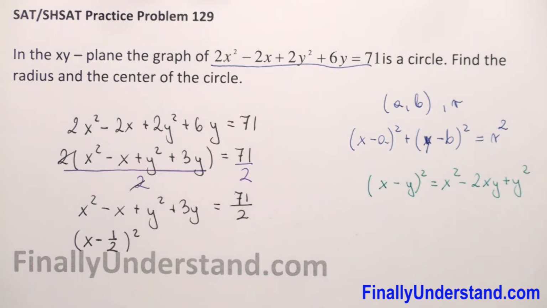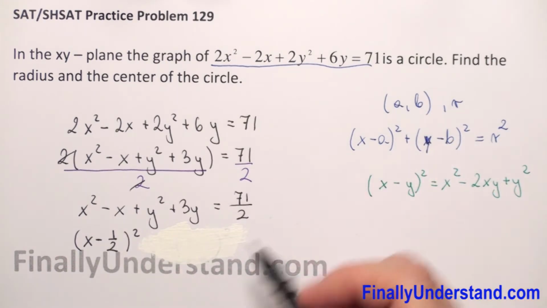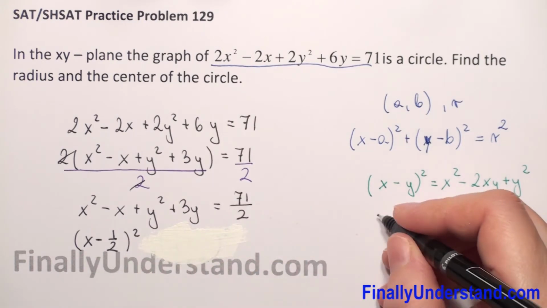So now, when we take x minus 1/2 to the second power, what will it be? First will be x squared. Next will be negative 2 times the first expression times the second, so negative 2 times x times 1/2. The 2 will reduce, so we will have only x. Let me write this on the right side.